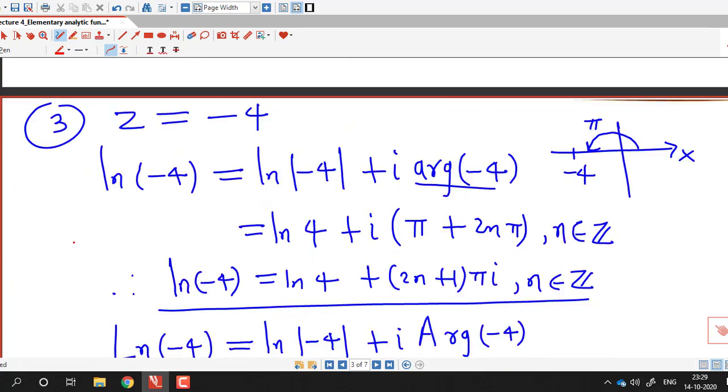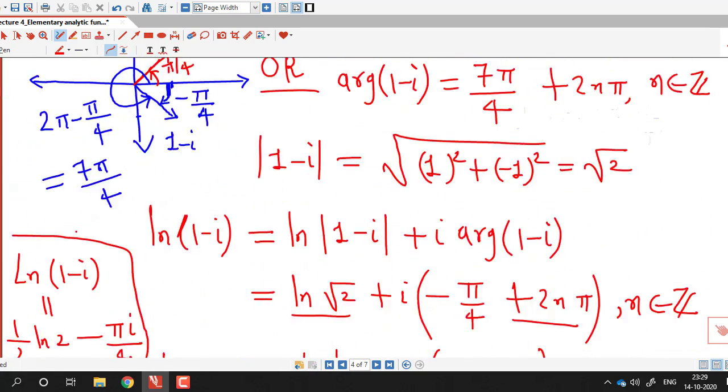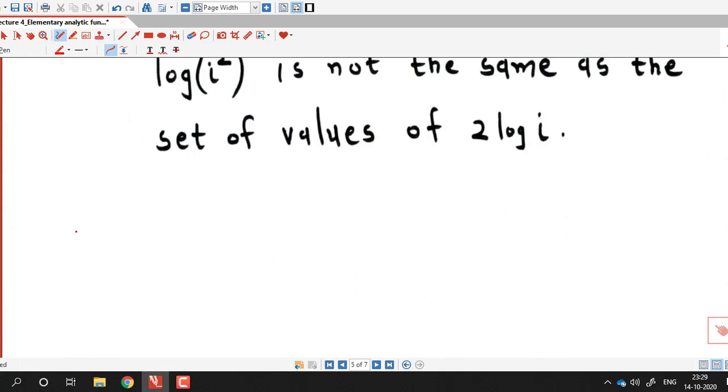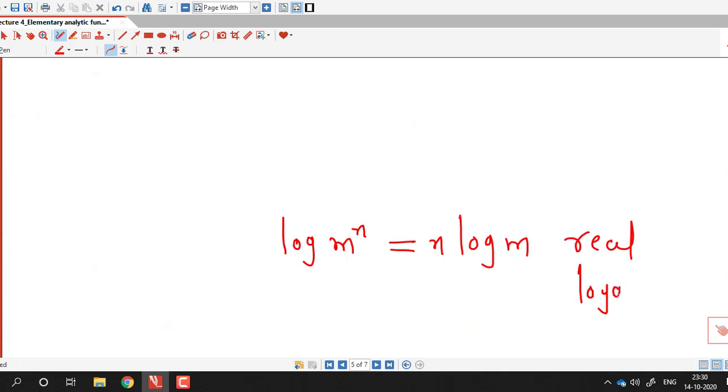Now we consider one more example related to the logarithm of a complex number. As in the case of real logarithm, in real logarithm we have this property, log of m raised to n equal to n into log m. This is true for real logarithm.